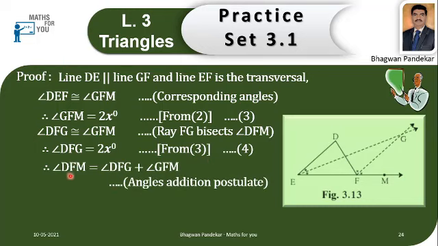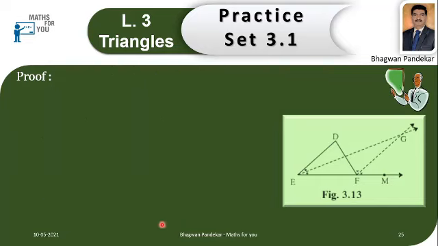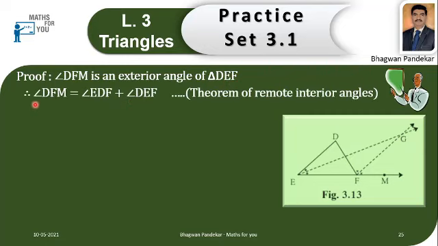Therefore, angle DFM is equal to angle DFG plus angle GFM. Reason is angles addition postulate. Therefore, angle DFM is equal to 2x degree plus 2x degree from equation 3 and 4th. Therefore, angle DFM is equal to 4x degree. This is your equation number 5. Angle DFM is an exterior angle of triangle DEF. Therefore, angle DFM is equal to angle EDF plus angle DEF.